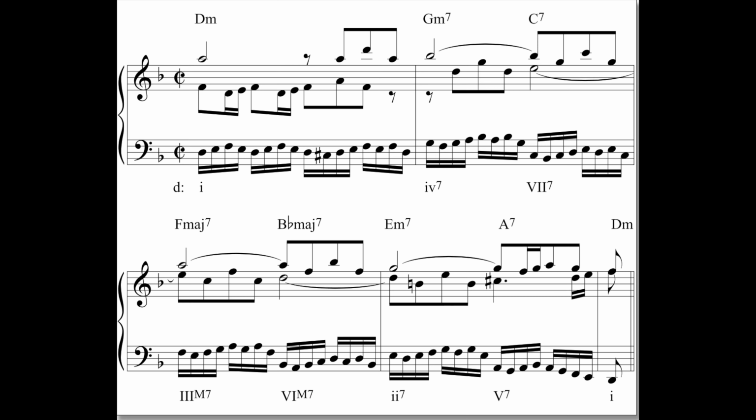So let me play a couple of examples for you. Here's what this circle of fifths progression sounds like in a piece from the Baroque era. This is from one of the Brandenburg concertos by Johann Sebastian Bach.